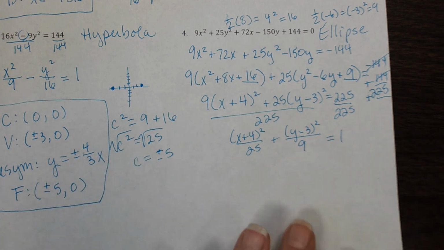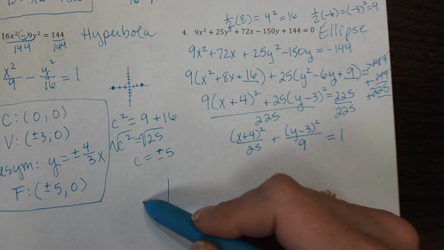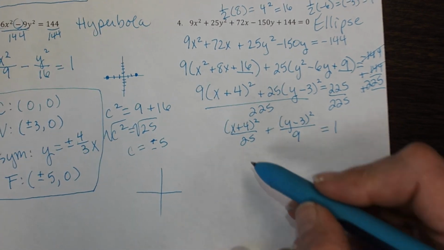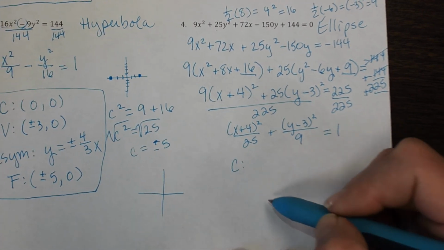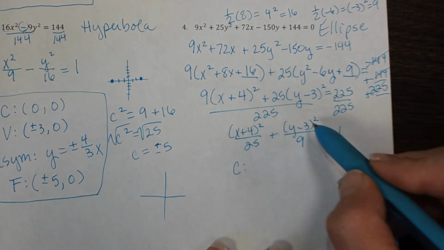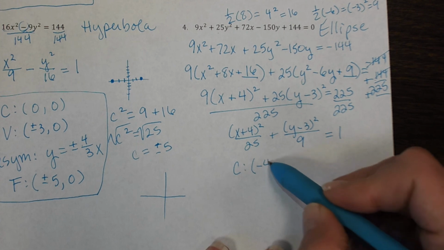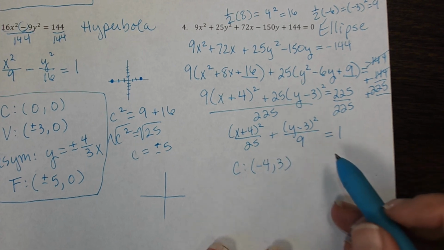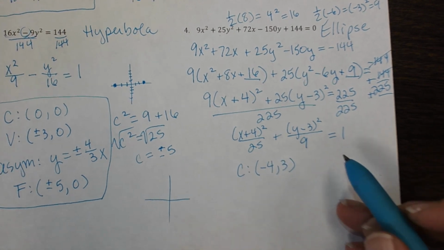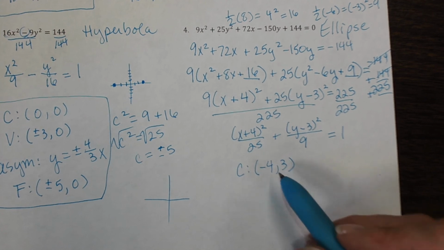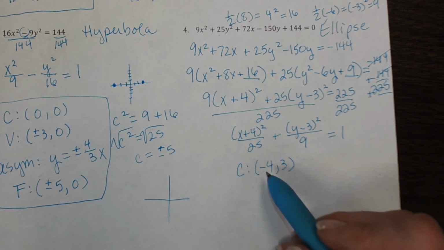And again, y'all, I'm a visual learner, and sometimes I just have to plot it. So we do know that the center, one of the things that we need to find, we take by getting the opposite of our points inside. So I have negative 4 and positive 3. All right, so we know our vertices are going to go out in the x direction.